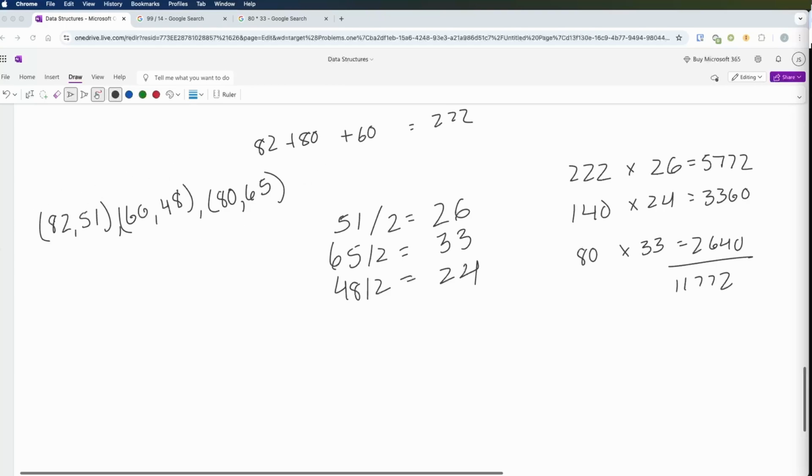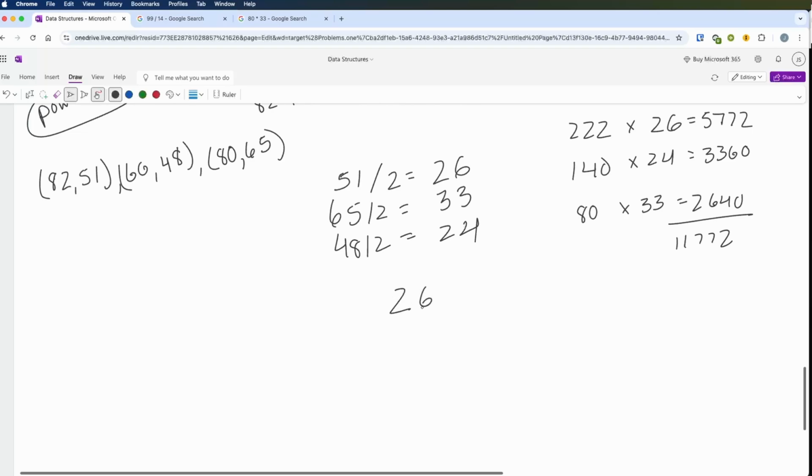So what can we determine about this order? Our power here is 2. Power equals 2. So these are the number of turns each one's going to get: 26, 33, 4, and we can multiply this by its damage. So this is times 82, times 80, and then times 60.